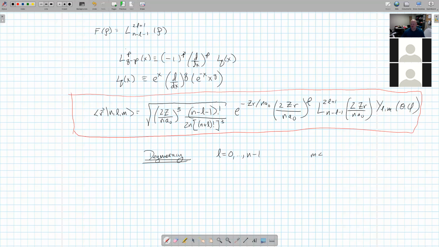For any given n value, each l has 2l plus 1 worth of degeneracy. So if I sum from l equals 0 to n minus 1 of 2l plus 1, that actually is equal to n squared. All this means is that for any n value, so for any energy, my wave function is n squared degenerate.